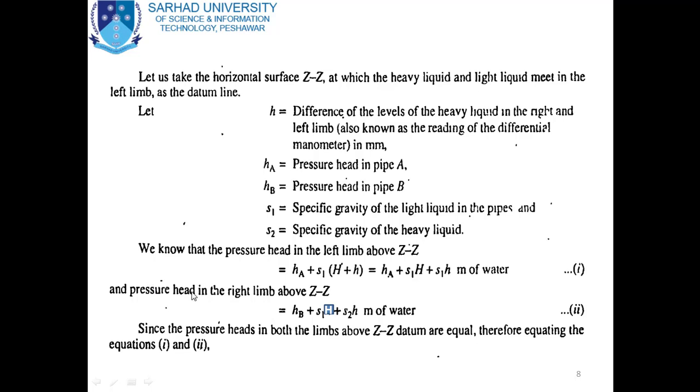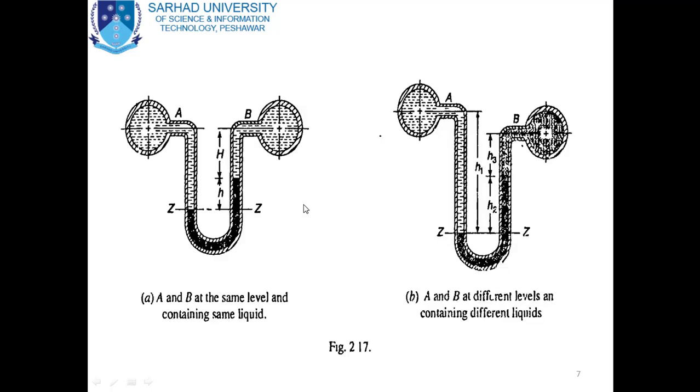Now pressure head in the right limb above ZZ is equal to HB plus S1 capital H plus S2 small h meters of water. Now the pressure in the right limb is equal to the pressure head at point B in terms of head of water, HB, plus S1, the specific gravity of this liquid, multiplied by H, which will give you the pressure up to this point, while the next head we have is small h, and the specific gravity of this liquid is S2, so S2 multiplied by this small h will give you the pressure head of this column.